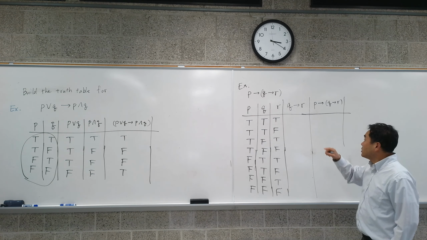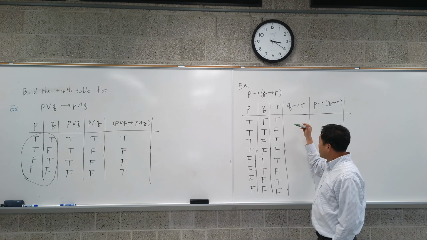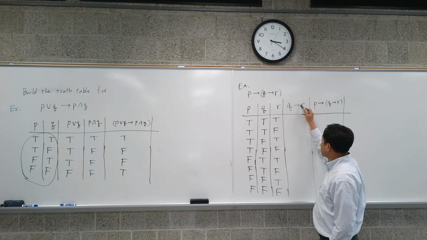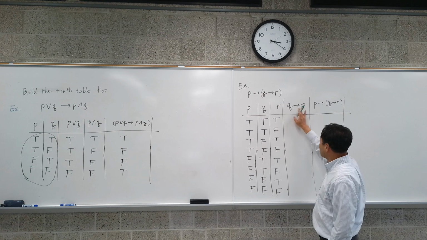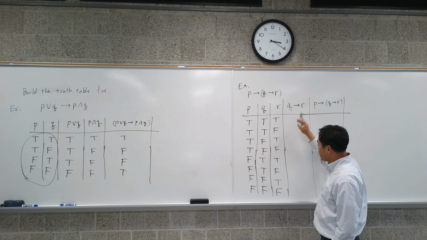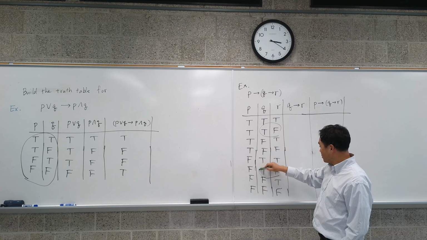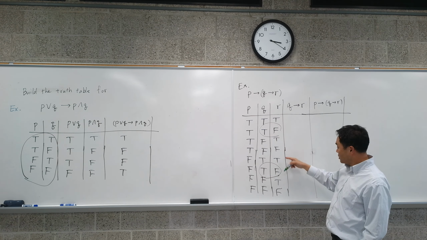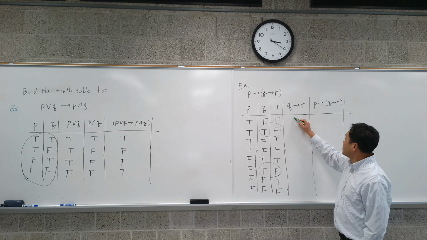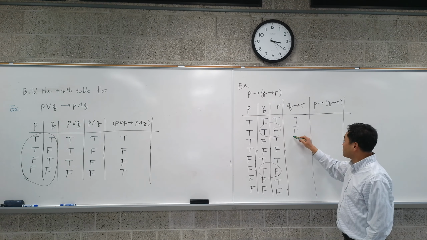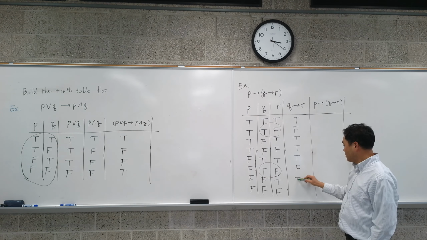Okay, and let's look at Q implies R. Because you have an implies, this evaluates to false only when Q is true and R is false, right? So here's one, here's another one, and I think that's it. That's the only time you're going to have a false. So true, false, and then the other ones are true, false, true, true.